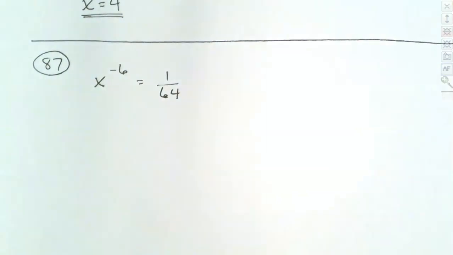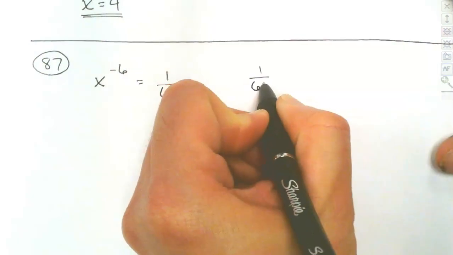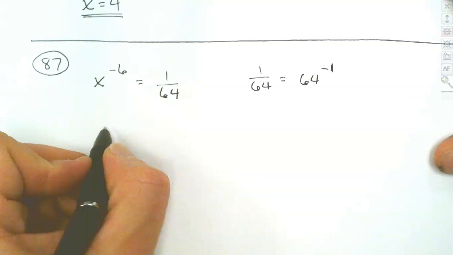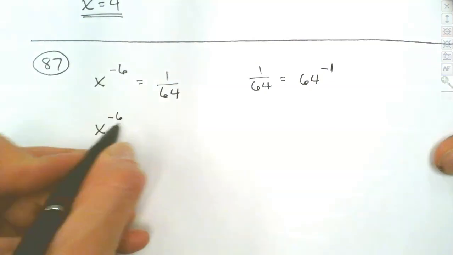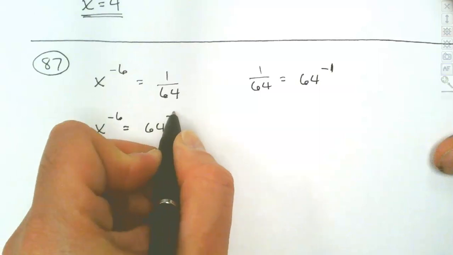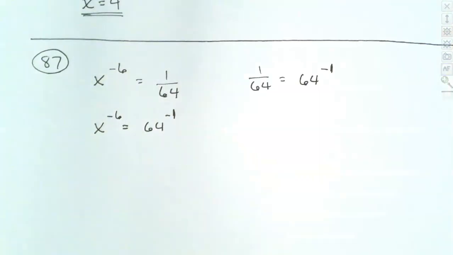Well, we want to get a common exponent. So first thing we can do is rewrite this 1 over 64 as 64 to the negative 1st power. So we're getting closer here. Now, what else can we do?